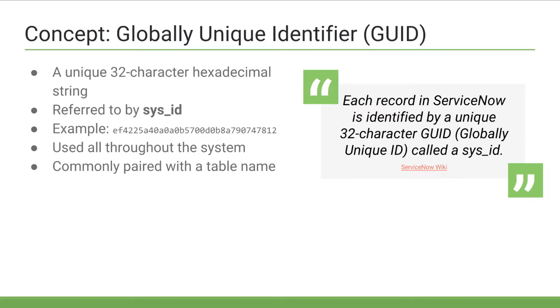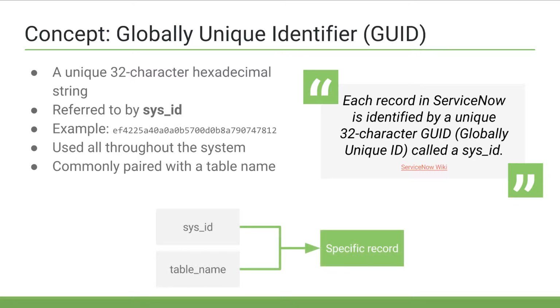SysIDs are commonly paired with a table name to locate a specific record. So for example, if you have the sysID of a record, in addition to the table name in which that record is stored, you can use these two values to quickly find that specific record.